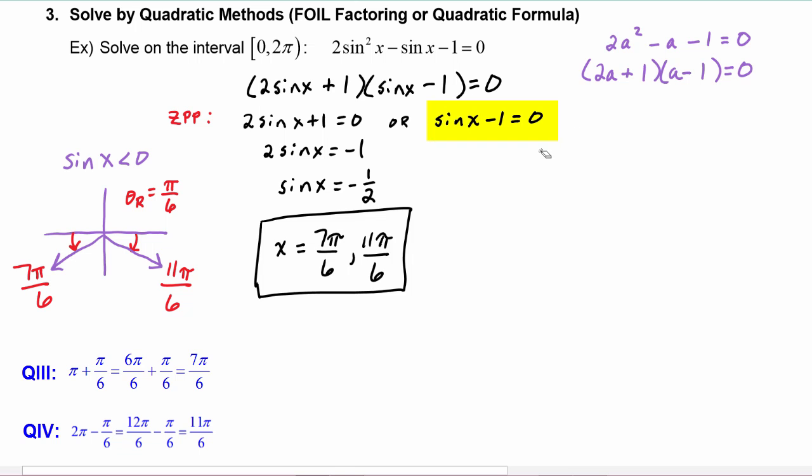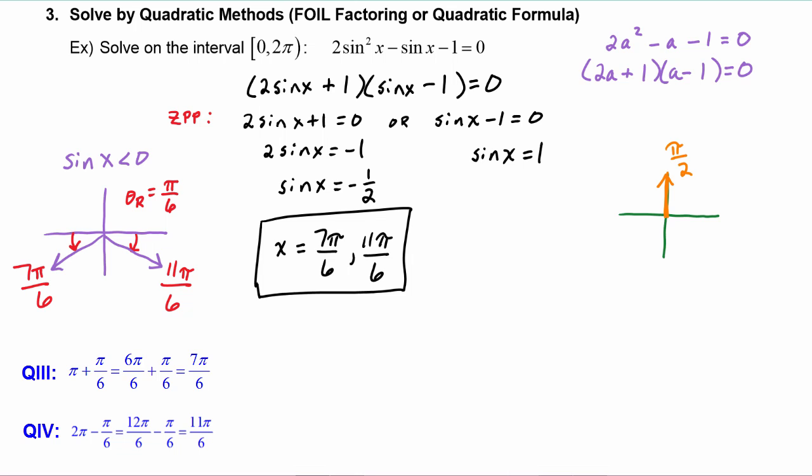Now we turn our attention to this piece of the equation. Isolating the trig function, we see we are going to get sine of x is equal to 1. Now we can draw a picture. We know that the sine will only equal 1 here at pi over 2.